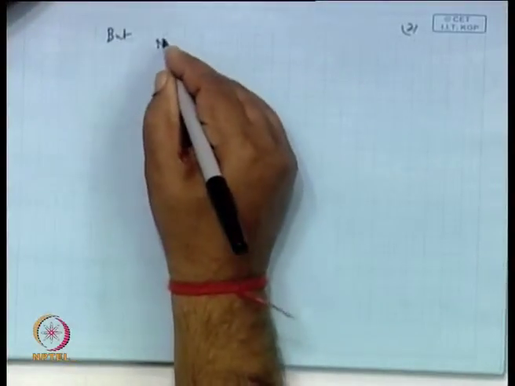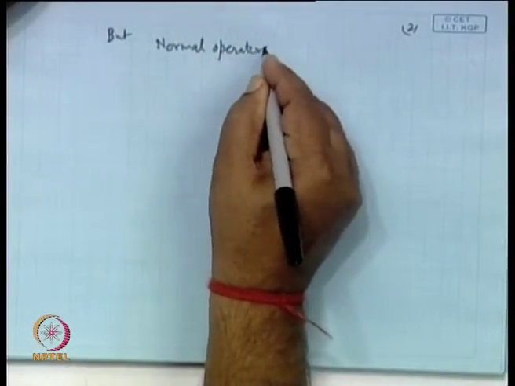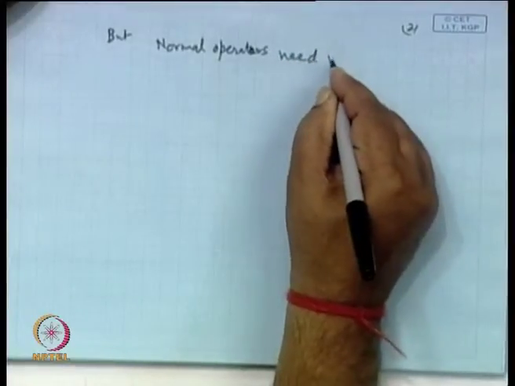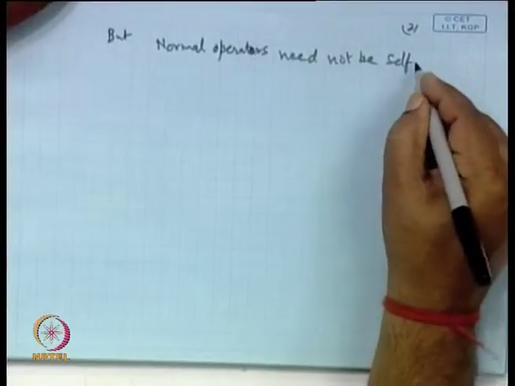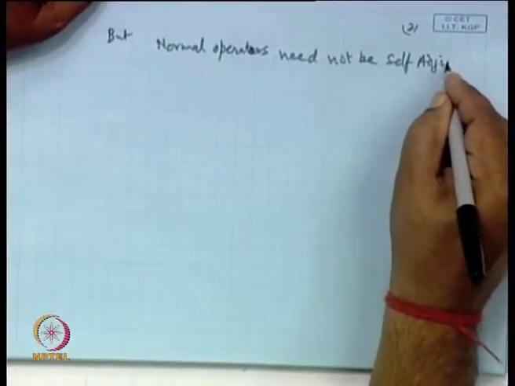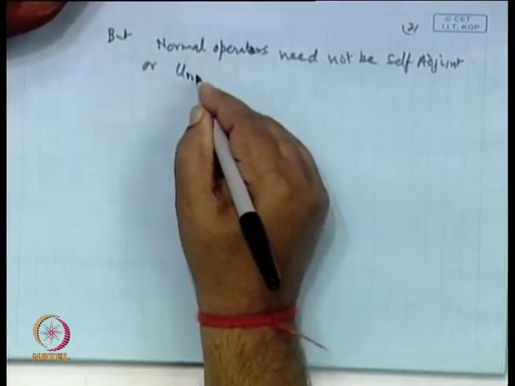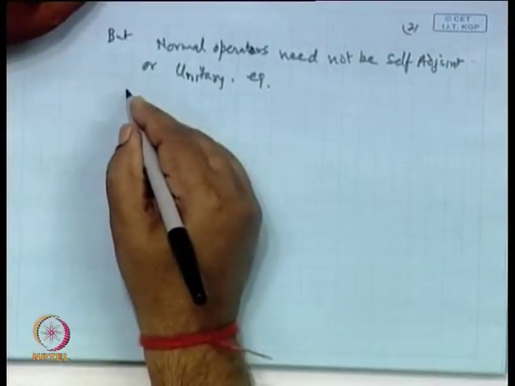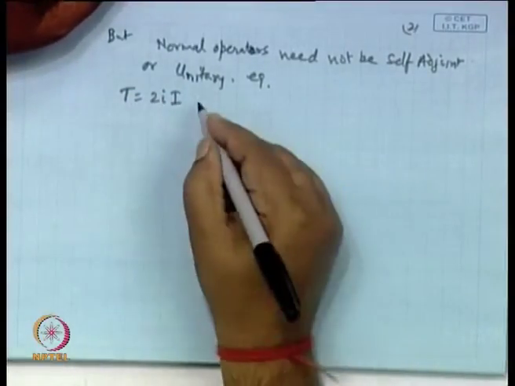Normal operators need not be self-adjoint or unitary, and this also we have seen. For example, we have taken the operator T, which is 2iI, where I is the identity operator.